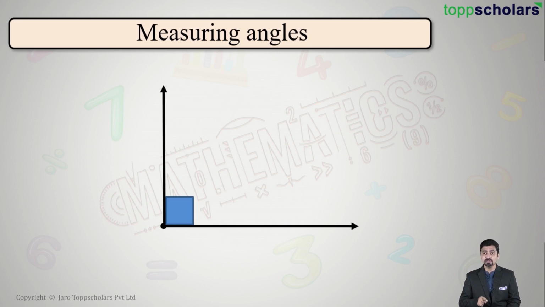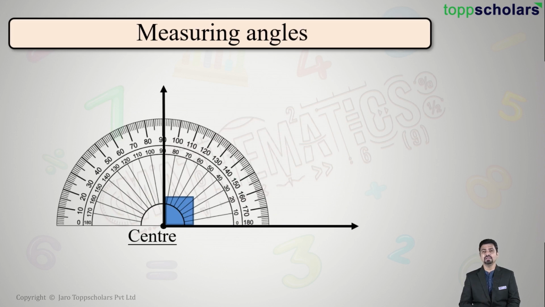Again, at the vertex of the angle, I keep the center of the protractor. Correct? Again, the baseline coincides with one arm of the angle. And where it coincides, the 0 is of the inner scale. So, inner scale 0 lies on the initial arm of the angle.